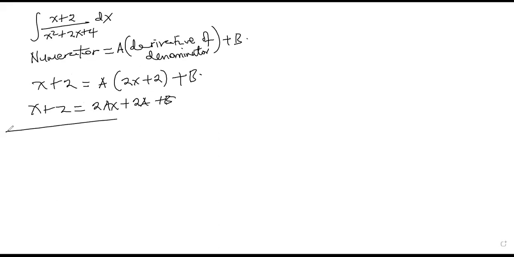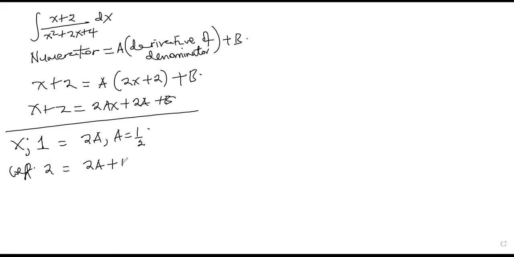By comparing the coefficients of x, we shall have 1 on this side equaling 2a, implying that my a is a half. Comparing the constants, this side we have 2, and it's equal to twice a plus b. So a is a half already, so b is going to be equal to 1.